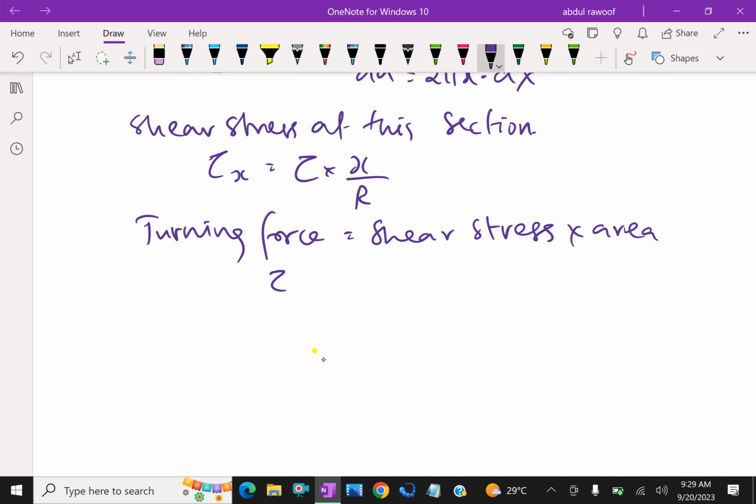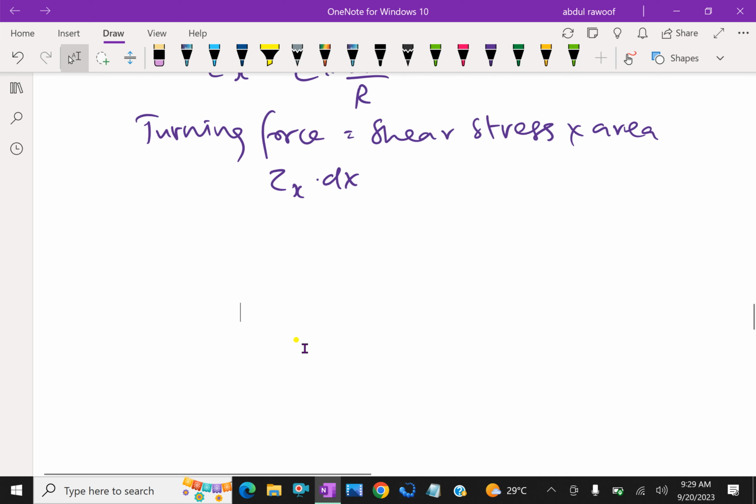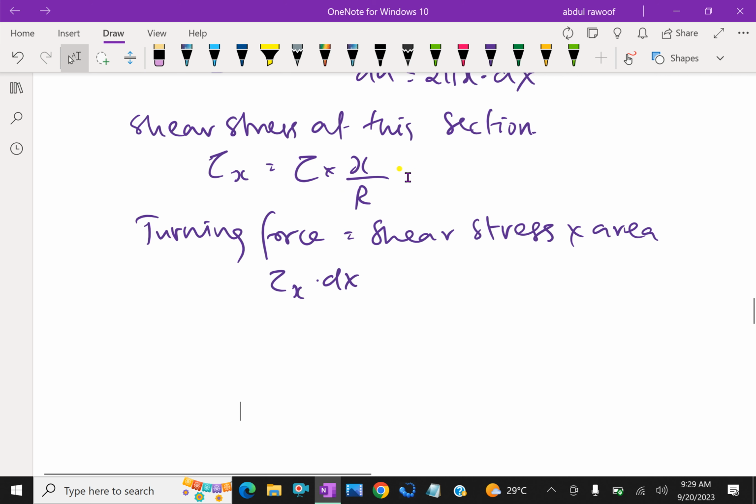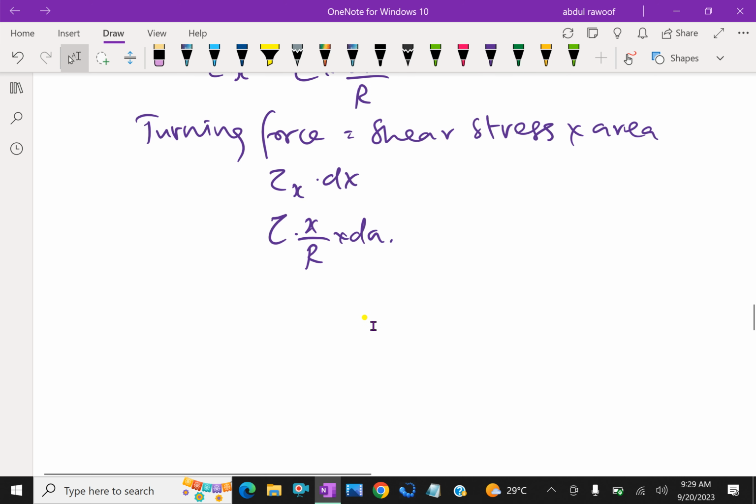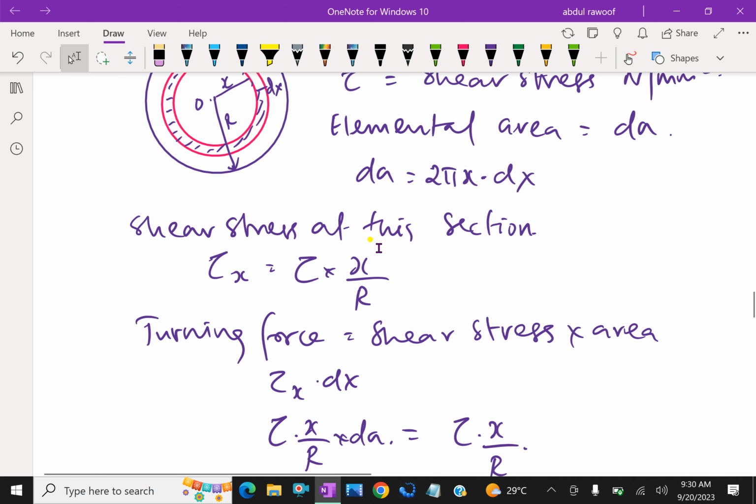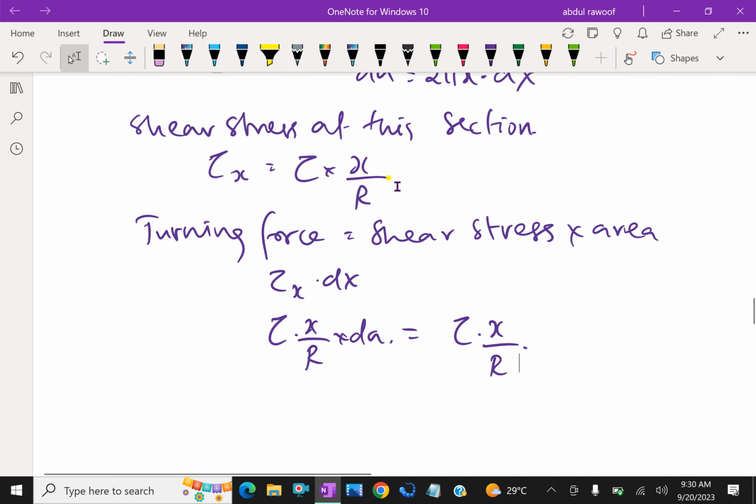Shear stress is tau x, which we already have as tau into x by r, into the elemental area dA.